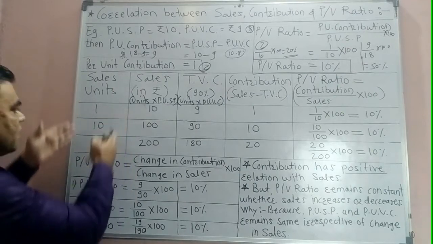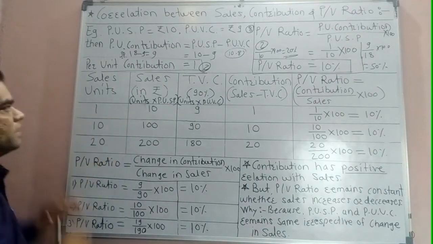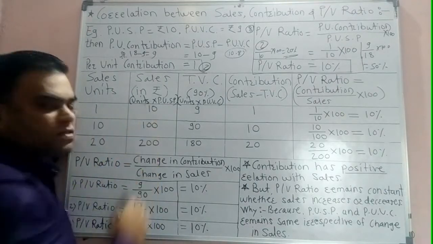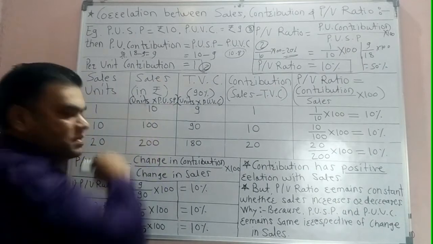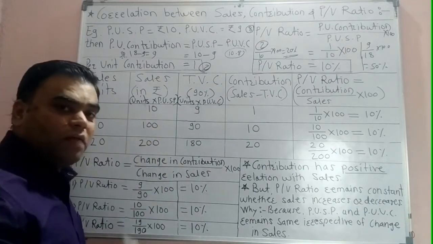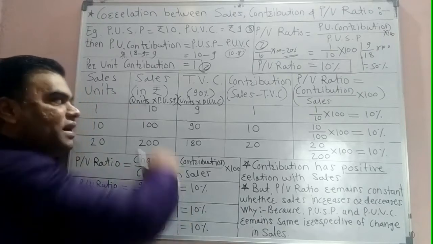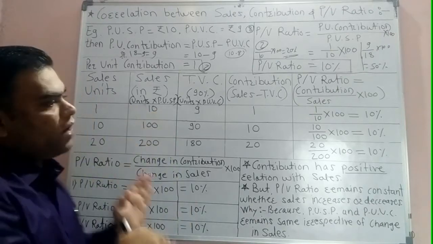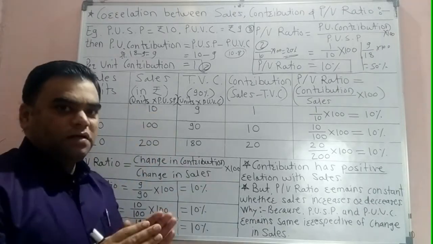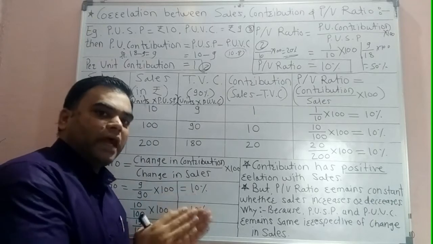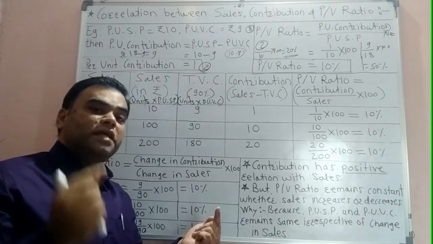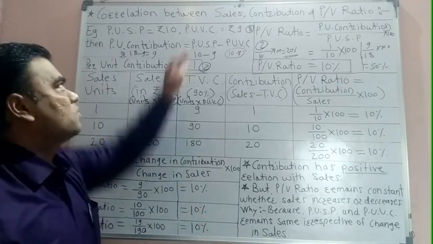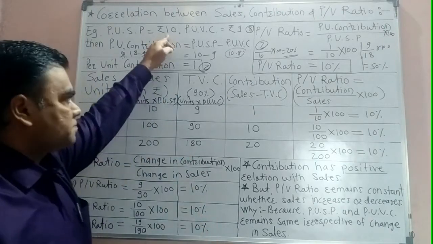Whether you are increasing or decreasing sales, at all levels, what is your selling price? 10. At all levels, what is your per unit variable cost? 9. So at all levels, 10 less 9 is equal to 1, and that 1 is 10% of the selling price, 10.